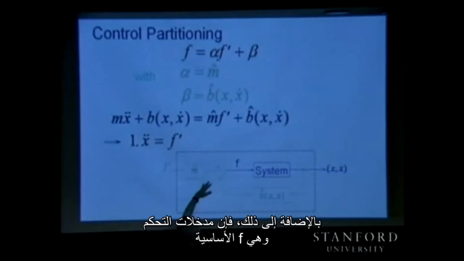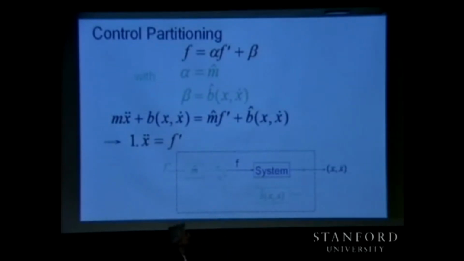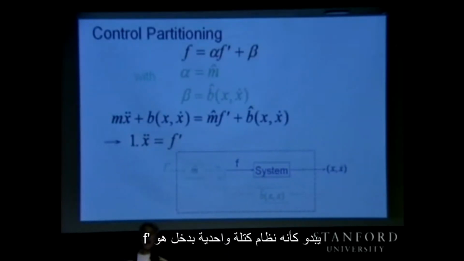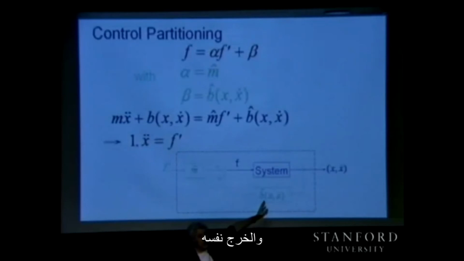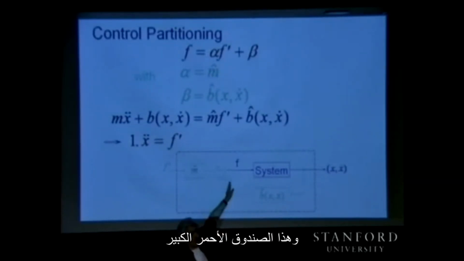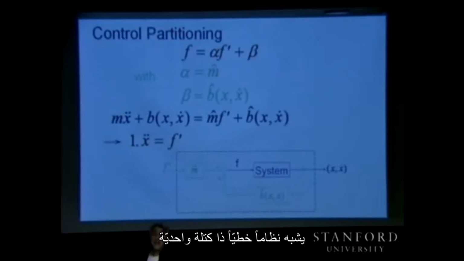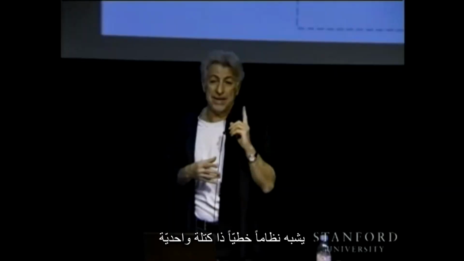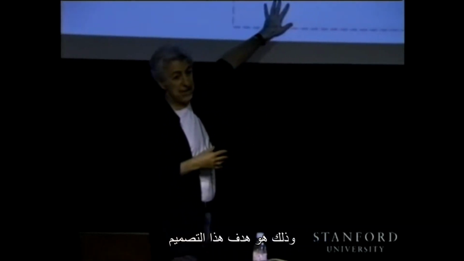In addition, our input control, which is F prime, is going to be scaled by an estimate of M, the mass of the system, so that there is a virtual system here that would look like a unit mass system with an input F prime and this same output, and this big box, the red box, is like a system that is linear with unit mass. And that is the purpose of this design.